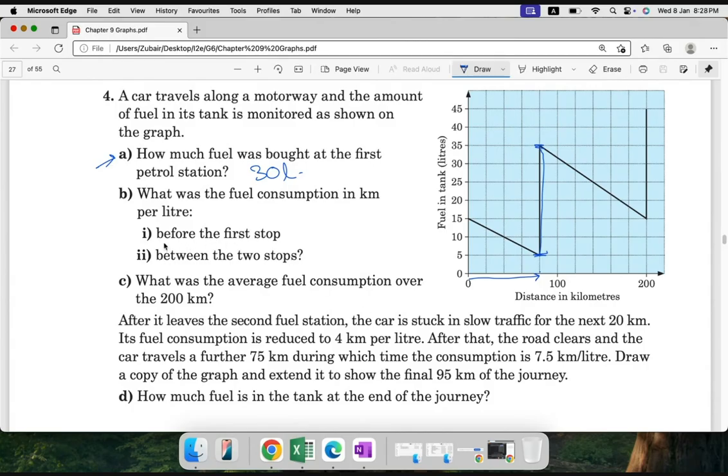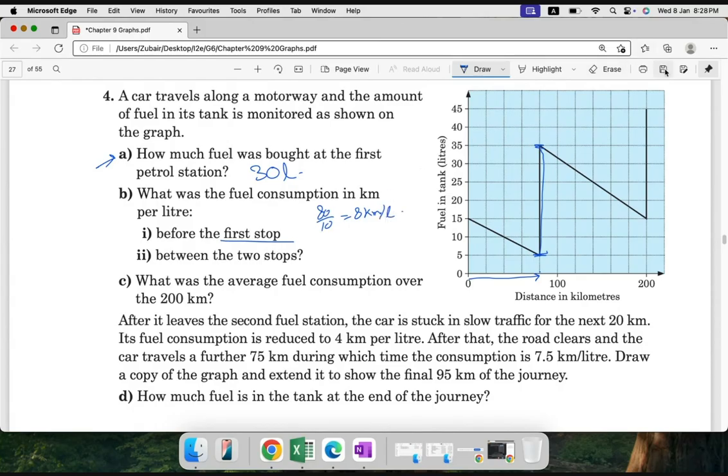Okay. What was the kilometer per liter before the first stop? They're consuming 10 liters in 80 kilometers. 1, 2, 3, 4, 5. So 20, 40, 60, 80. So 80 in 10, that is 8 kilometers per liter.